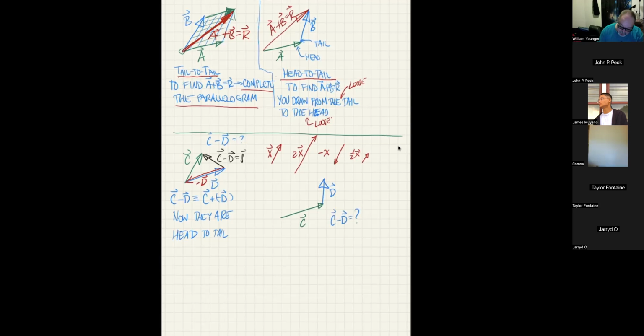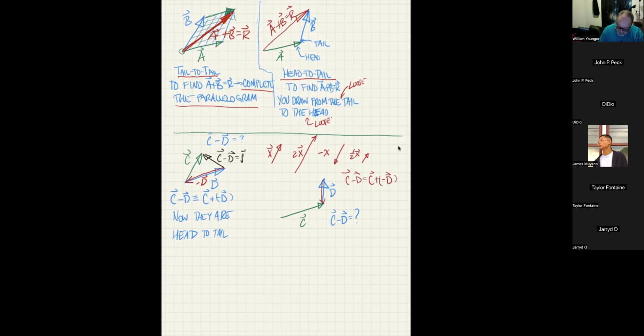Okay. But again, C minus D is the same thing as C plus the opposite of D. So I got to just change the direction of D, which I'll add that there and do that.